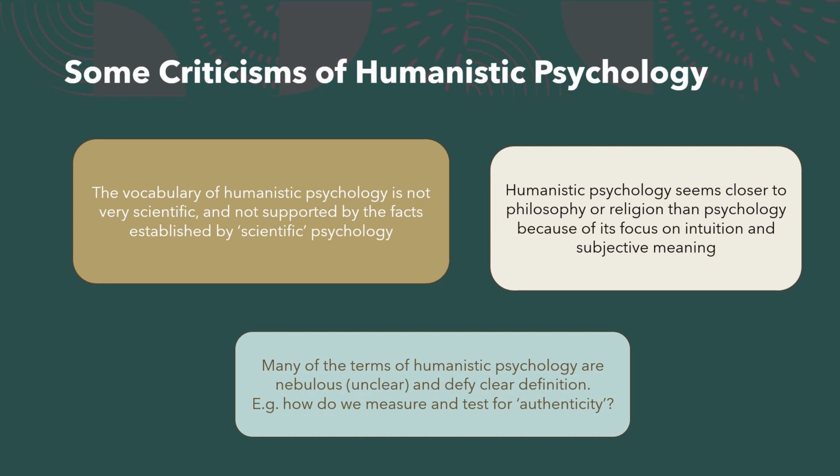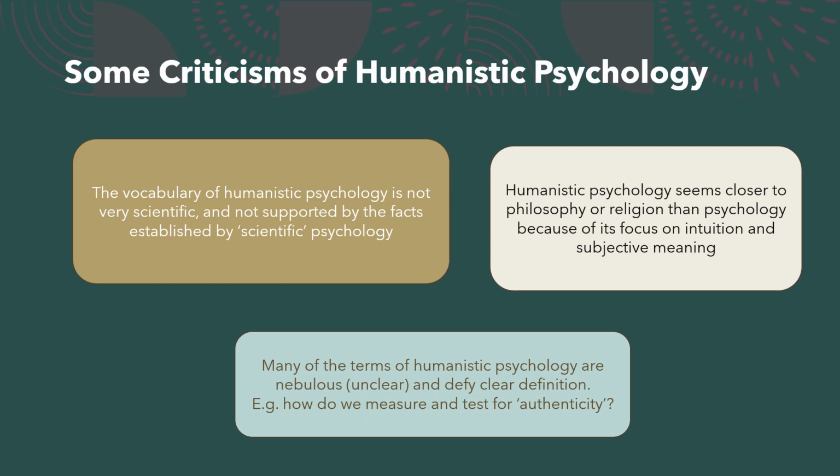Okay, so before moving on to Fromm, let's look at some criticisms of humanistic psychology. And these are all kind of similar, as we'll see. It's often said the vocabulary of humanist psychology is not very scientific, not supported by the facts established by scientific psychology.